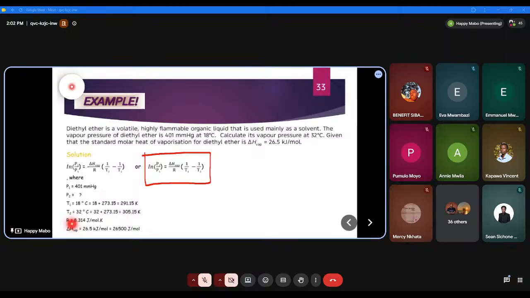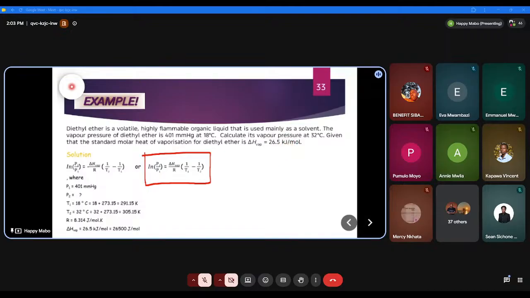Okay, then you notice that in the question, this one is given in kilojoules. The numerical value for R, whose unit is given in joules per mole per Kelvin, should be uniform with the units that we should have there.